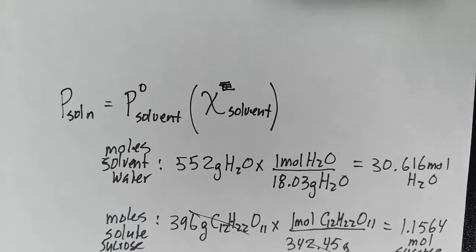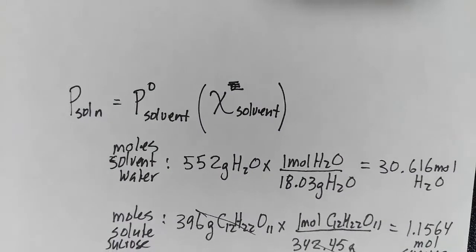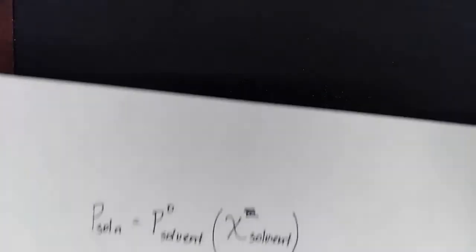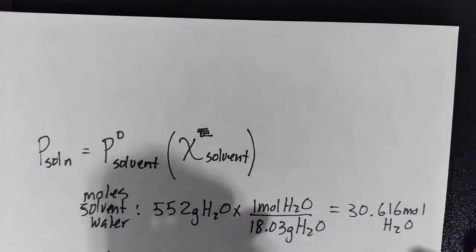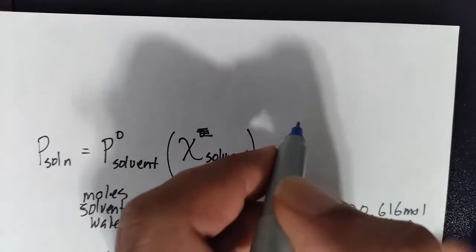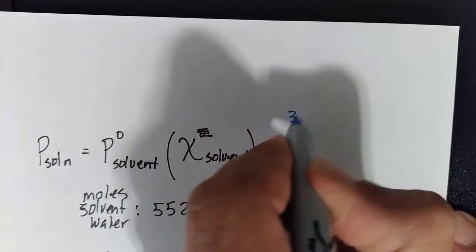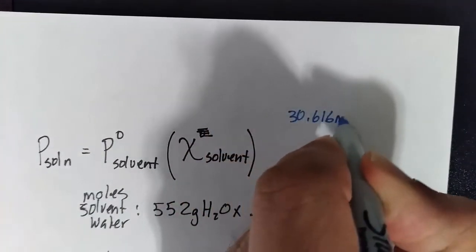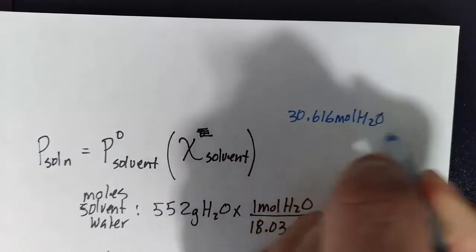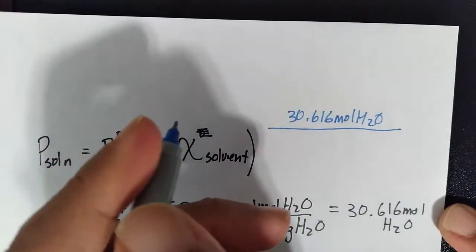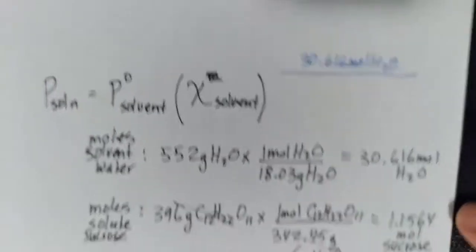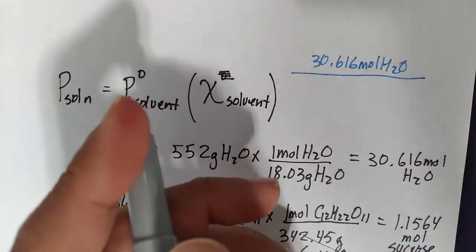So what is our mole fraction calculation? Our mole fraction is a fraction, so it's going to be moles of our solvent, 30.616 moles of water, part over a whole. The whole is going to be the addition of these two numbers of moles.